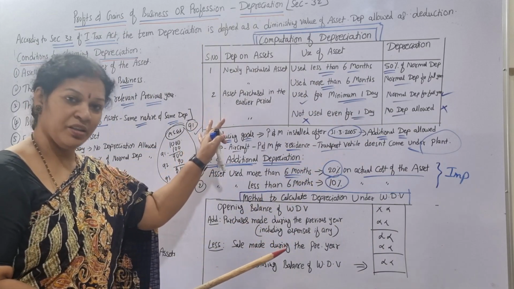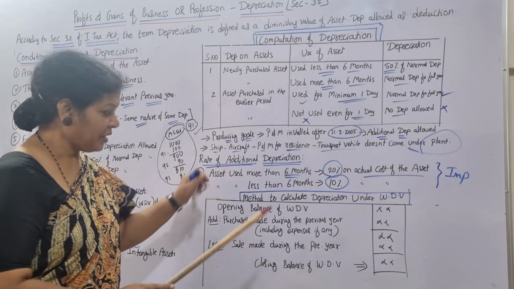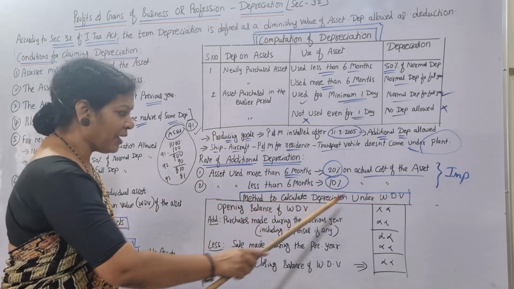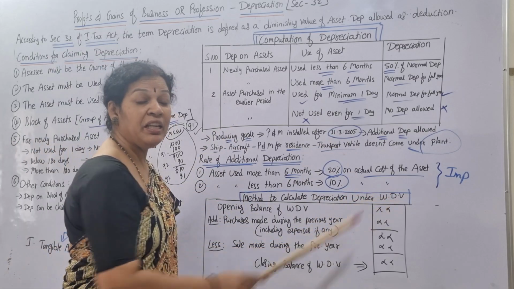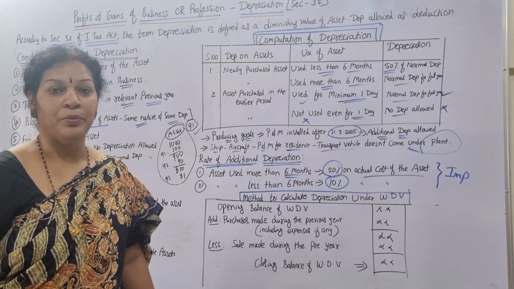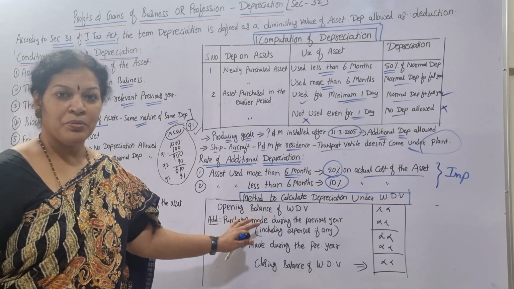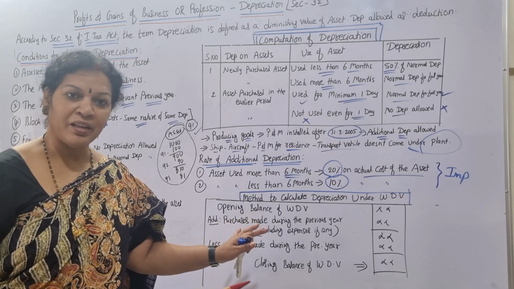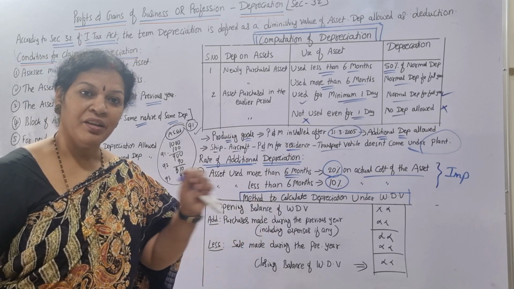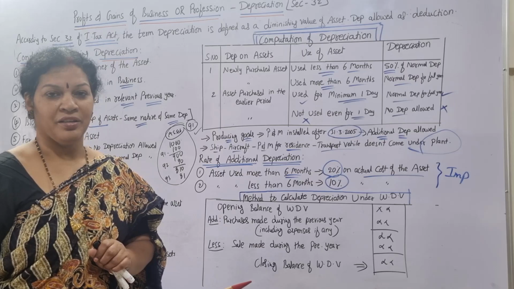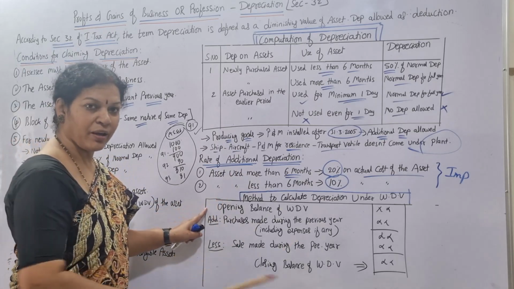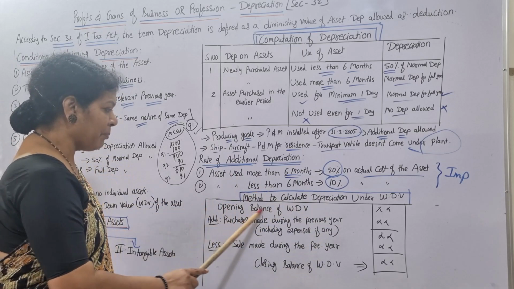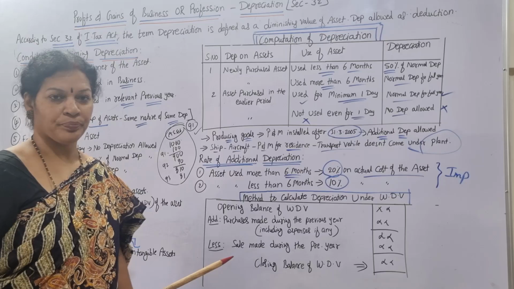If you understand, yes. Another important thing: the method to calculate depreciation under written down value. WDV means written down value. As we have discussed, we always calculate the depreciation on written down value only. How do we calculate that? Remember this format. One is the opening balance of written down value.